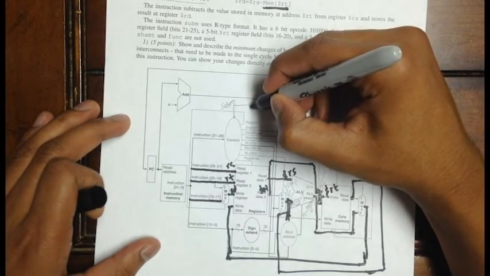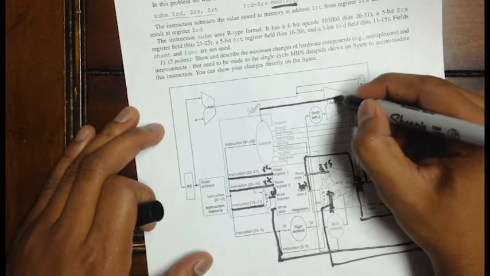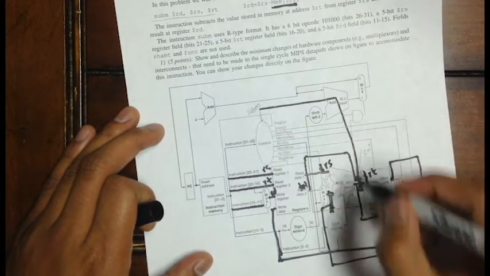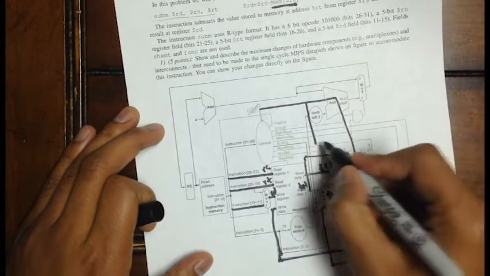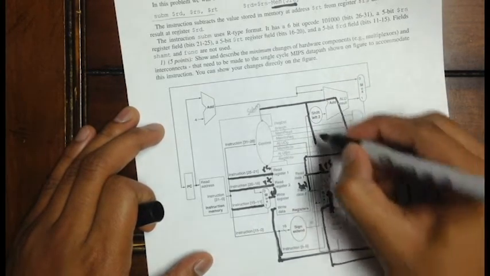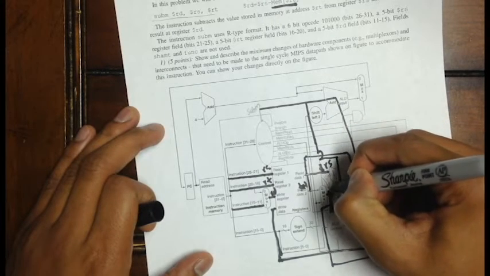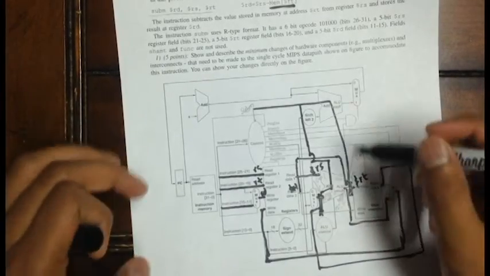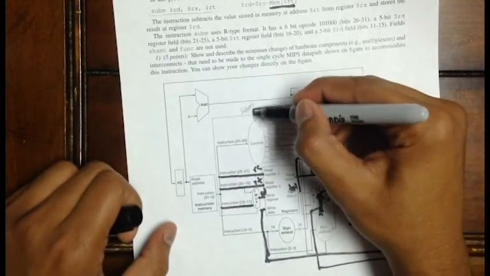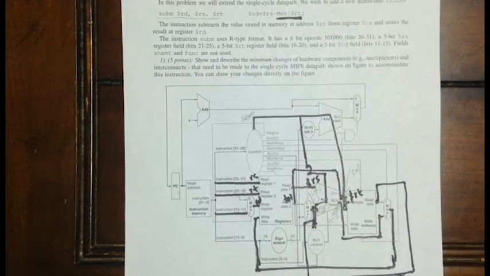I apologize for that. But this is going to go into this signal, and it's also going to go into this signal. So you get the gist that this control signal controls both these multiplexers.